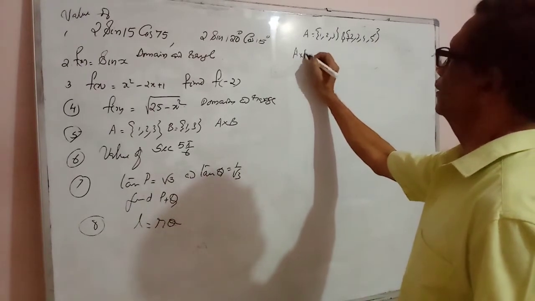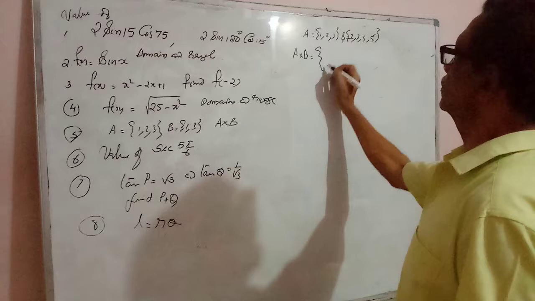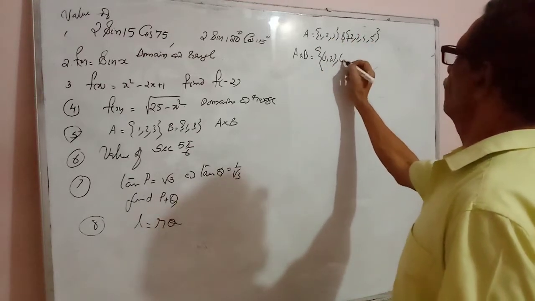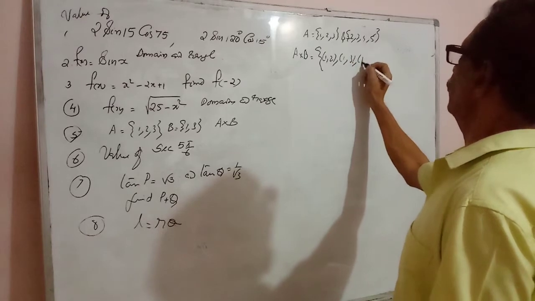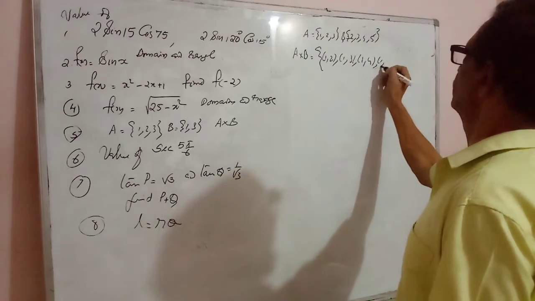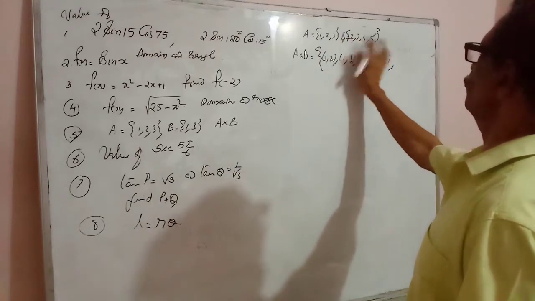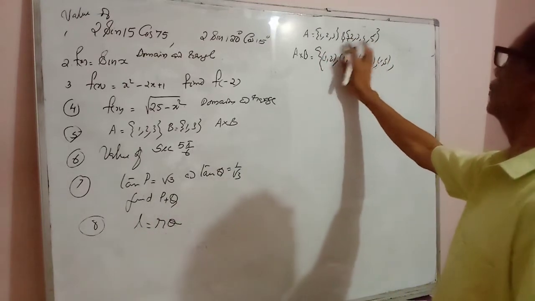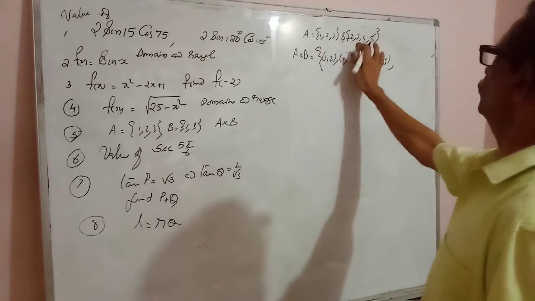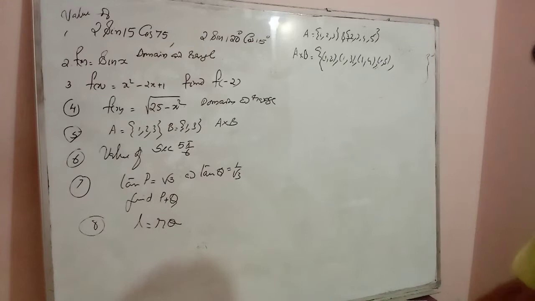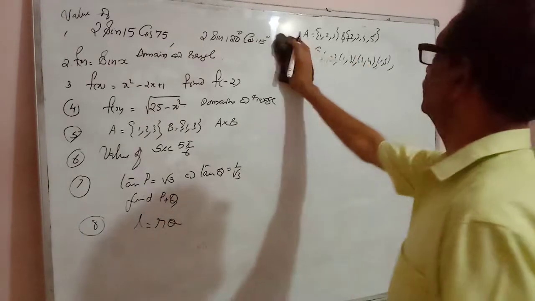A cross B is equal to the set of ordered pairs (1,2), (1,3), (1,4), (1,5), then (2,2), (2,3), (2,4), (2,5), (3,2), (3,3), (3,4), (3,5). 3 into 4, 12 elements will be there. Close the bracket. That is A cross B, the Cartesian product of A and B.